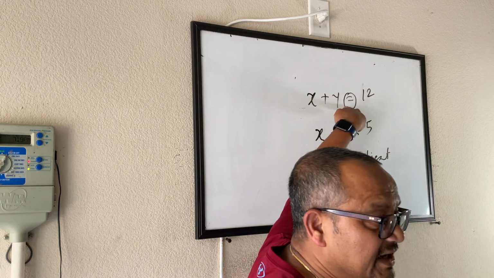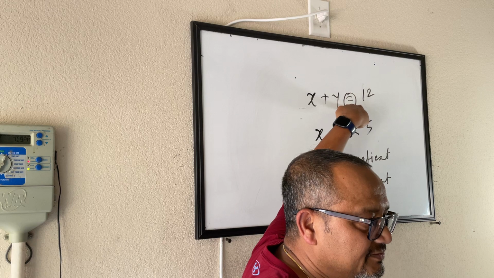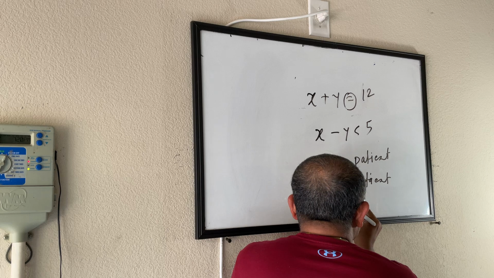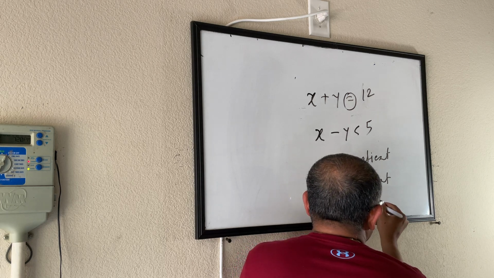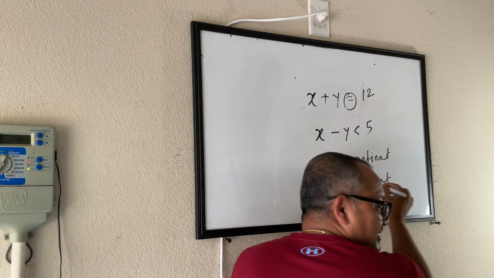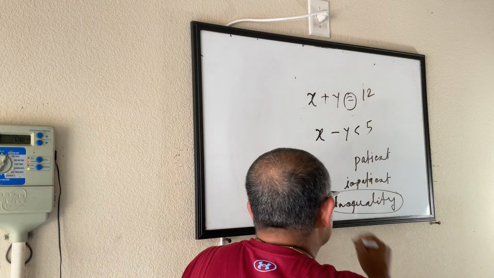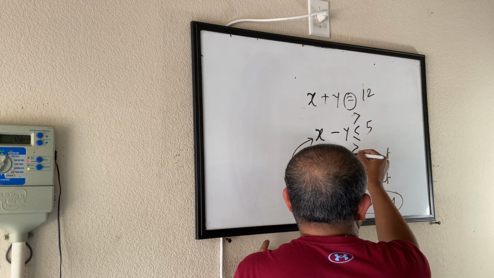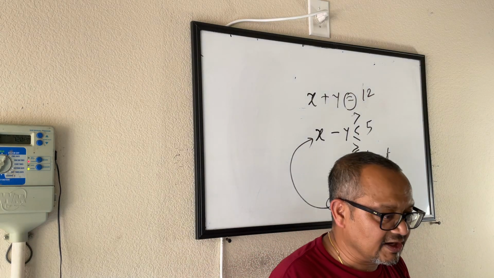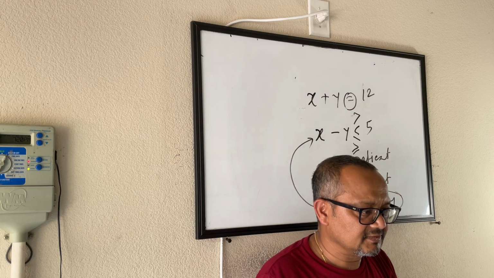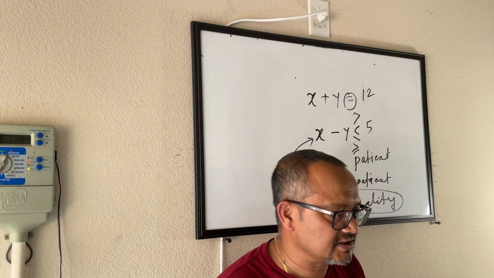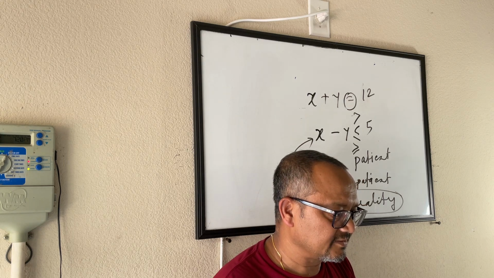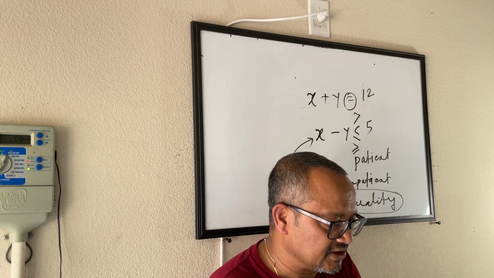If I am saying I have an equation which has equal to sign, and if I say I don't have equal to sign, inequality. So all the scenarios like this, or this, or this, or this, these are examples of inequality. Do you guys agree with what I'm saying, or do you have a different opinion? Yep, maybe. Okay.